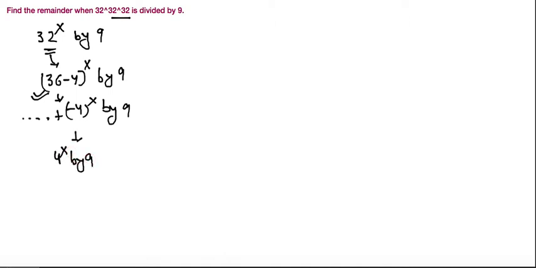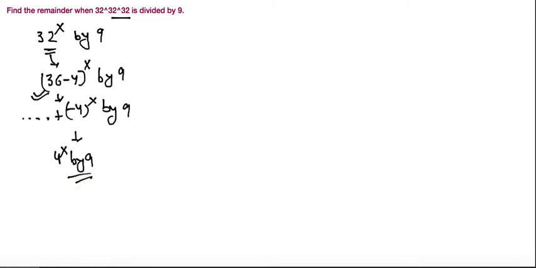Because minus 4 to the power x is basically minus 1 to the power x multiplied by 4 to the power x. Minus 1 to the power an even number is going to be 1, so I can simply drop this minus sign and say that this is the same as finding the remainder when 4 to the power x is divided by 9.